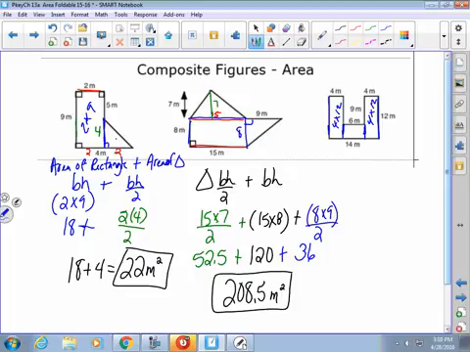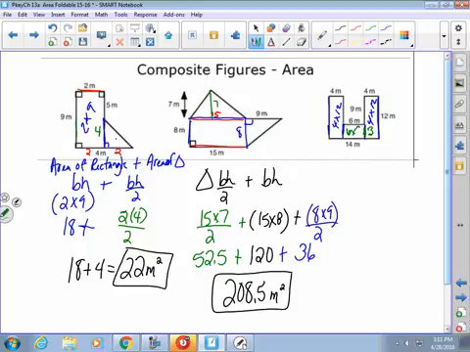Now we got to figure out the one in the middle. What is the width here between? I heard a 3. Yeah, because 12 minus 9 would give me that 3 right there. Does that make sense?